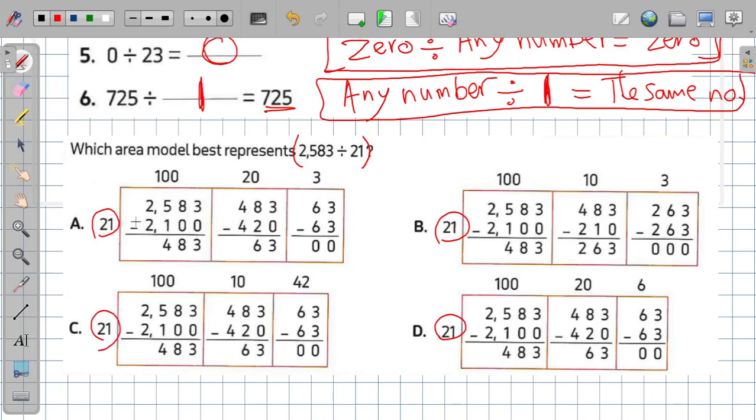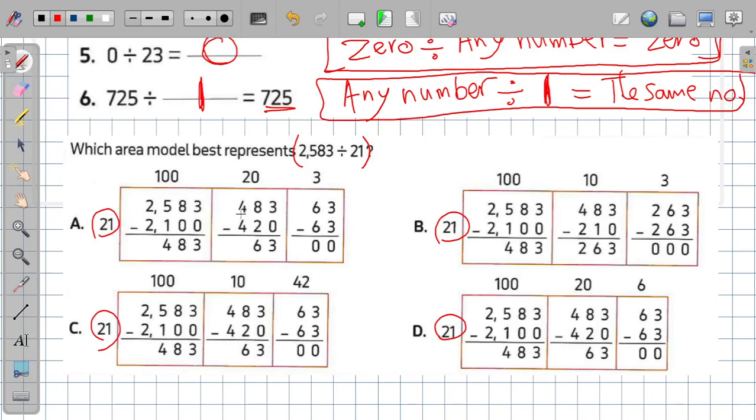The first one, here I have 2583 and I took 2100. So the result will be 100. That's right, and the remainder will be 483. Until now, this is right. Let's take the second step.